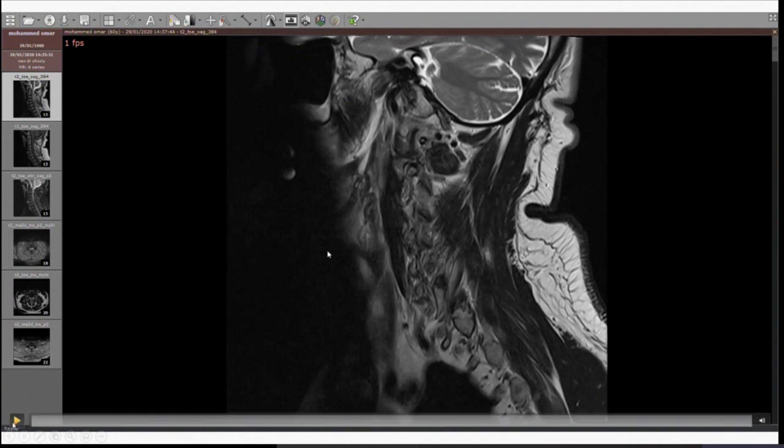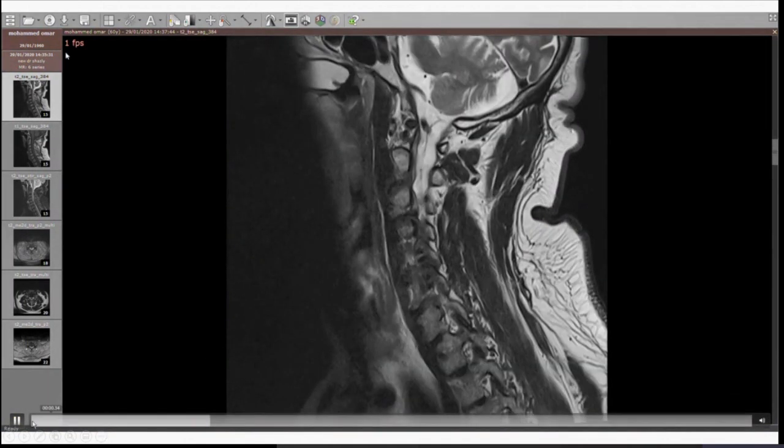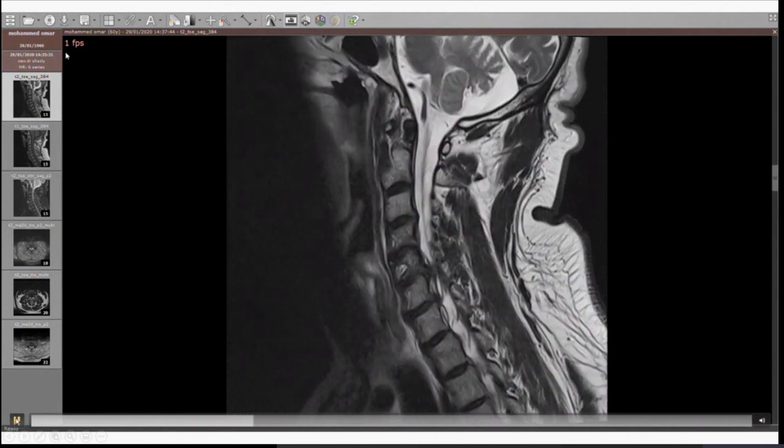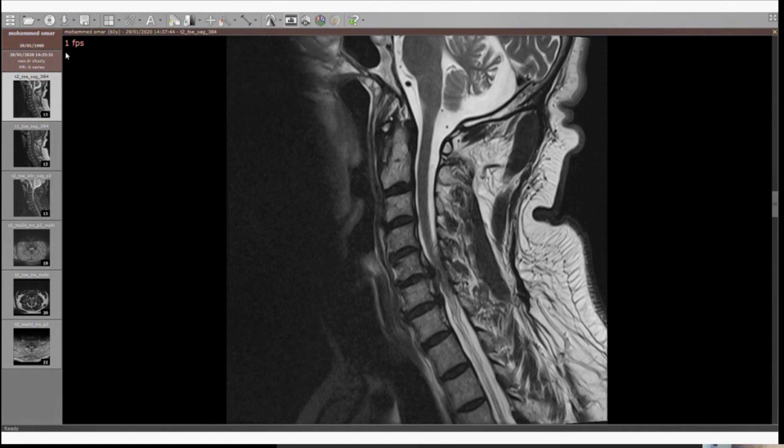I had an MRI scan of one of our patients who presented mainly with difficulty in controlling his hands, and he kept dropping objects from the hand. On further investigation, he admitted to having numbness and paresthesia in his hands, and numbness and paresthesia in his feet also.